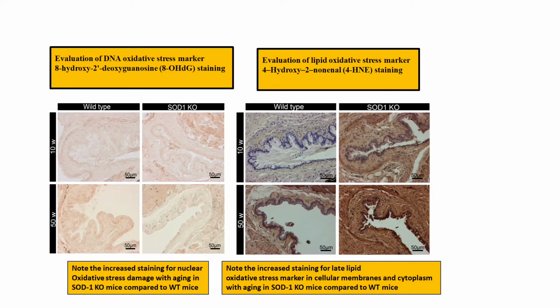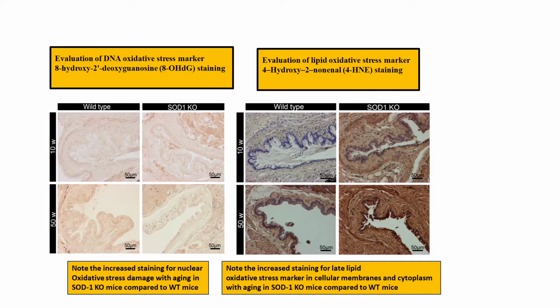As the left insert of this slide shows you, there was an increased DNA stress damage shown by 8-OHdG staining with aging in the SOD1 knockout mice, and note the abundant dark brown nuclear staining, reflecting an increased staining with aging.